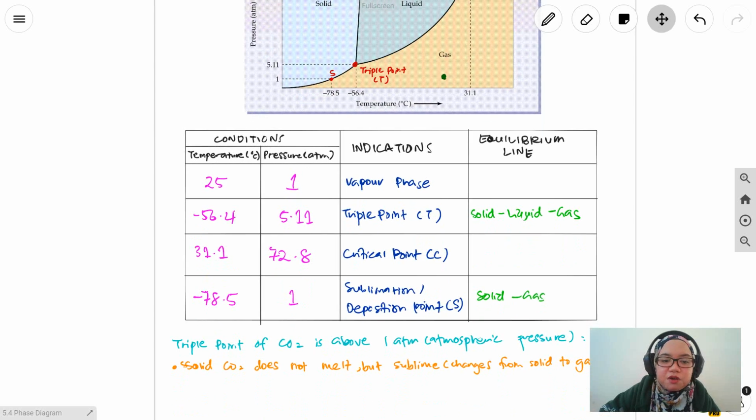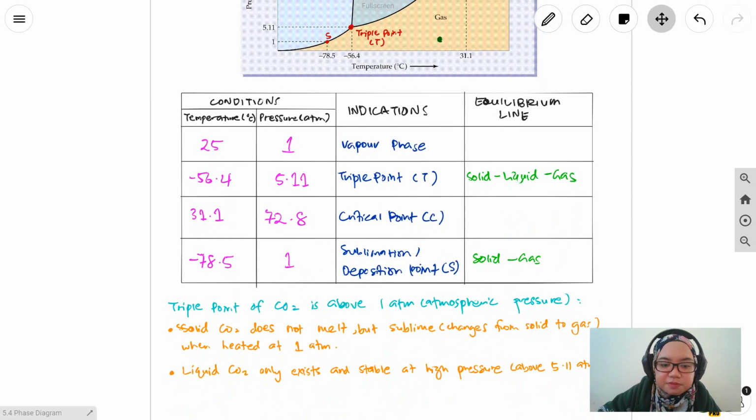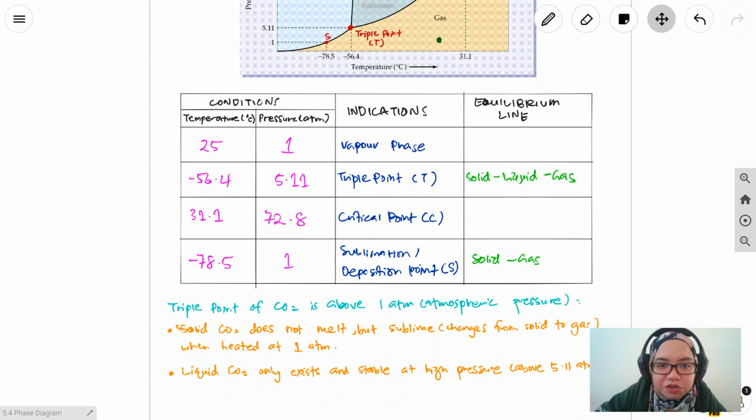So triple point of carbon dioxide ni, if you look here, the triple point of the carbon dioxide is above 1 atm. Nampak ni? Kat sini kan? Dia punya triple point dia dekat 5.11 atm. Dia above 1 atm. So, kalau dia above 1 atm, apa maksud dia? So, maksud dia, solid carbon dioxide does not melt but sublime.